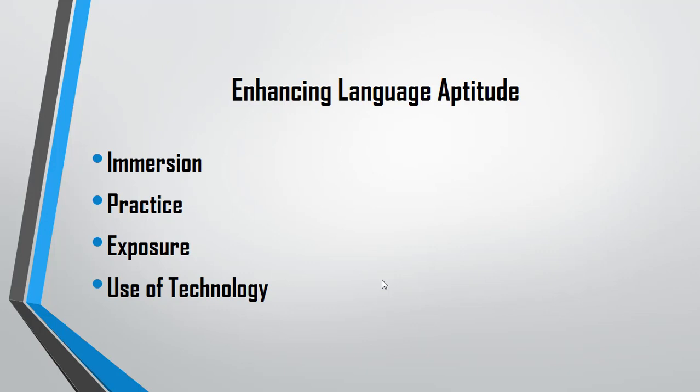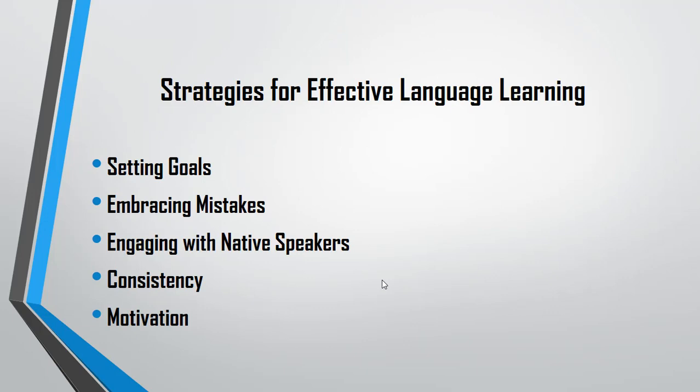You can use, of course, the most famous language learning apps, for example, Duolingo, Rosetta Stone, Udly, and the list goes on and on. Of course, we will move to strategies for effective language learning.